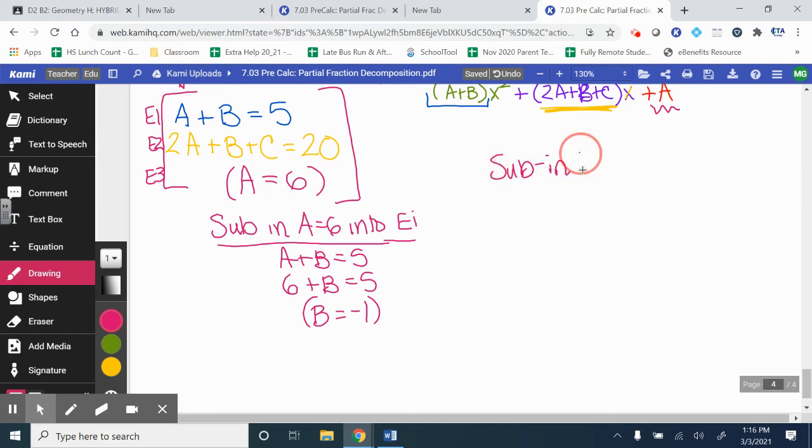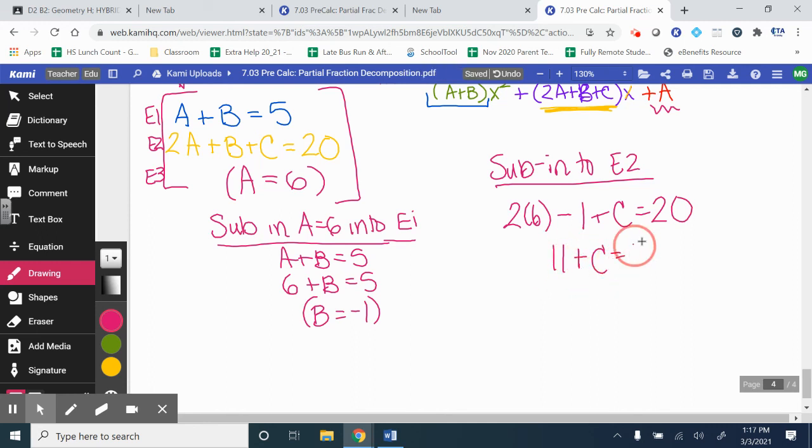So sub in to equation 2. So 2 times a, which is 6, plus b, which is -1, plus c equals 20. So we get 12 minus 1 is 11. Subtract 11 from both sides, and we get c equals 9.